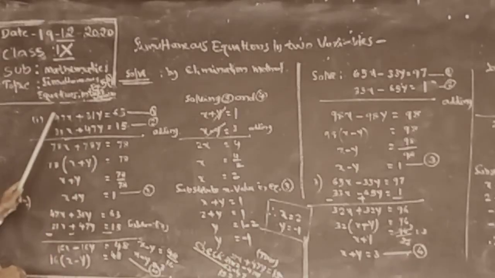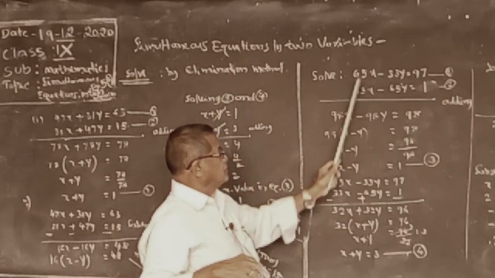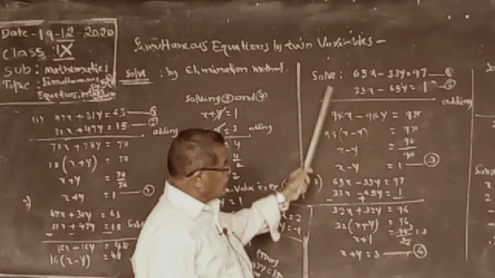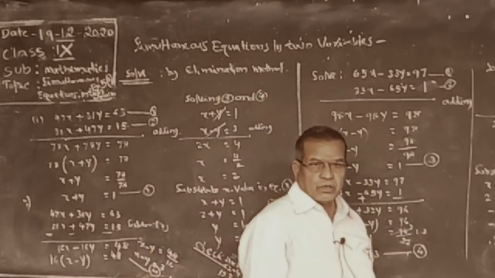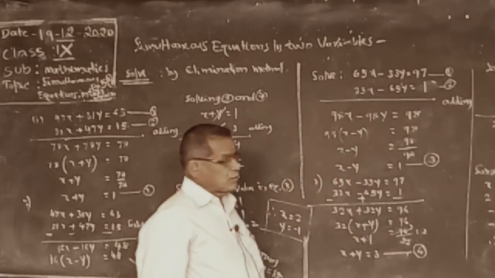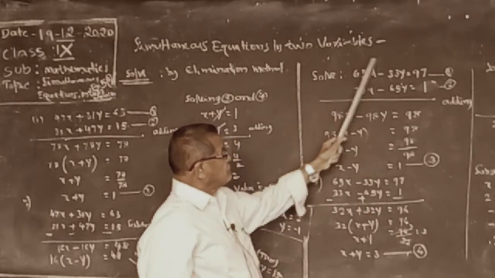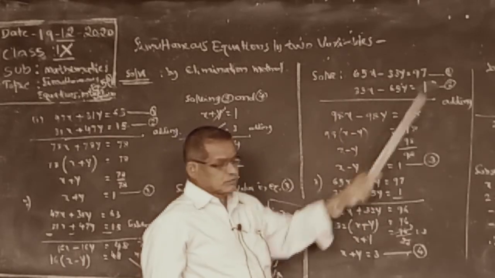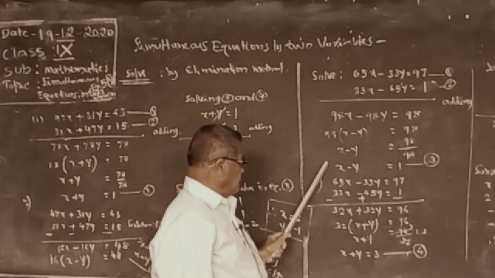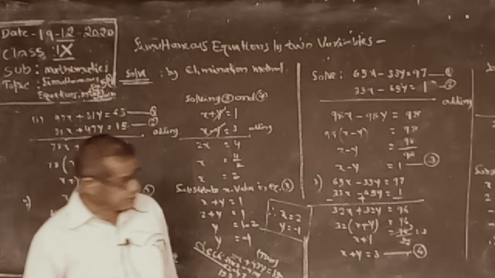When the coefficients are exchanging, 65, 65, 33, 33, then apply this method. First time add, we get a new equation, the third equation. Given equations are the first and second. And subtract.